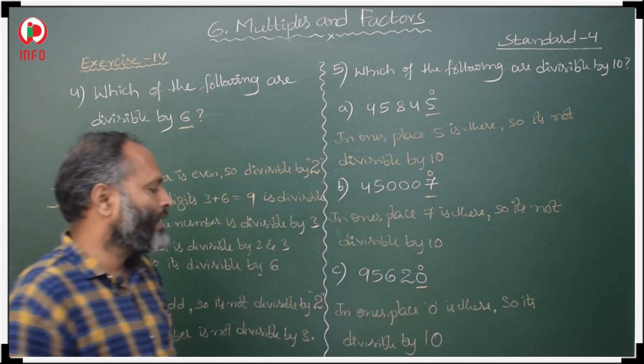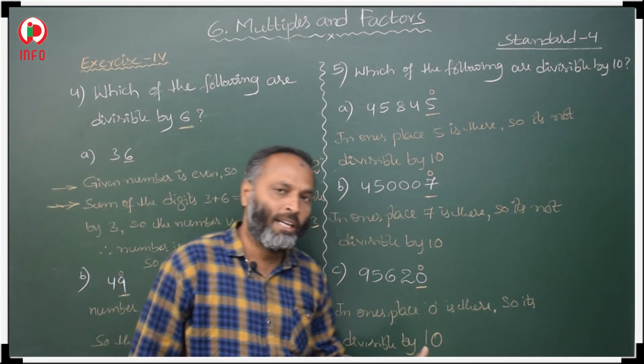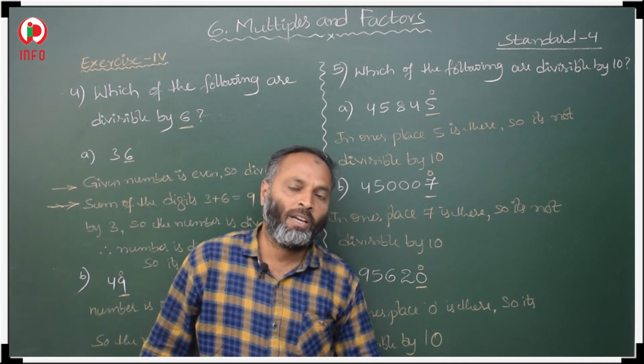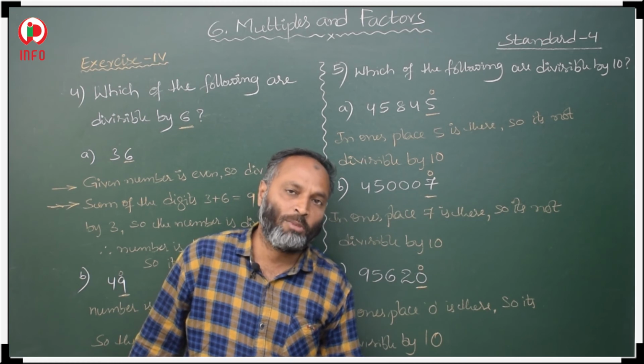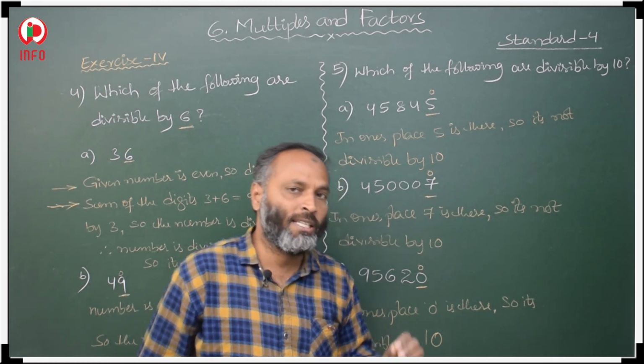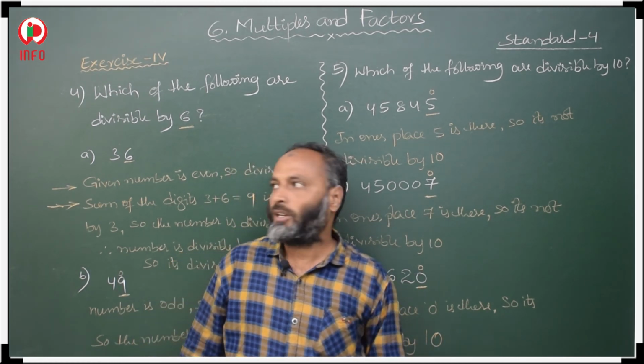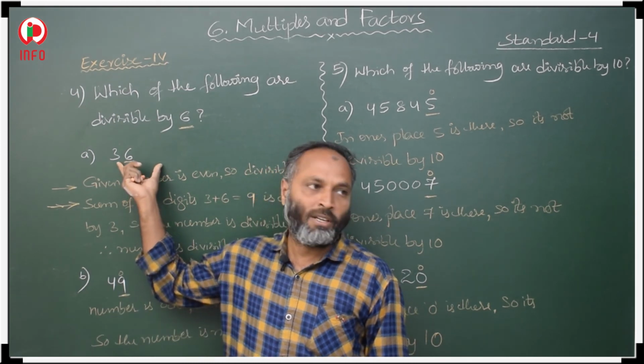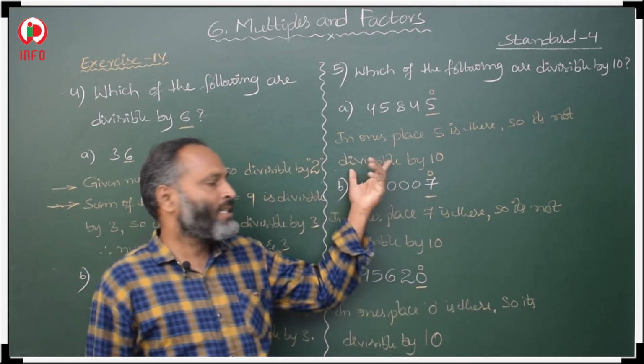In this way we have to check whether the number is divisible by 10 or not. In the last digit, the ones place, if 0 is there, then it is divisible by 10, otherwise it won't be. So in this format we have to check for this 6 as well as this 10.